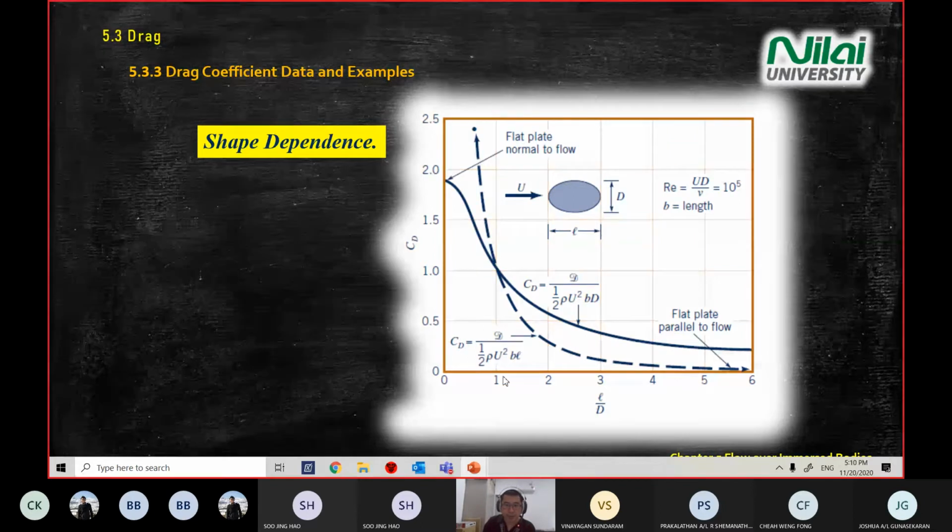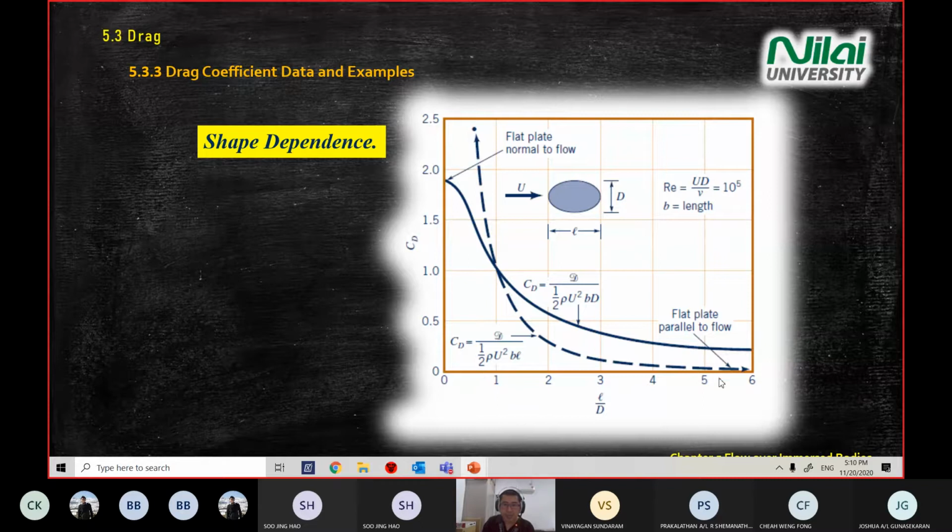So if you have all these numbers, what does it mean? If you have 1, it means that your L and D are the same, meaning you have a full circle body. L over D is 1 means L equals D, so you get a round circle at this line.